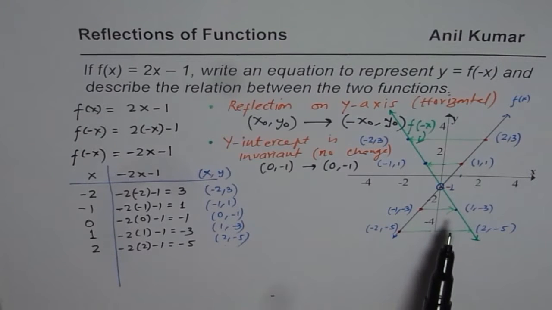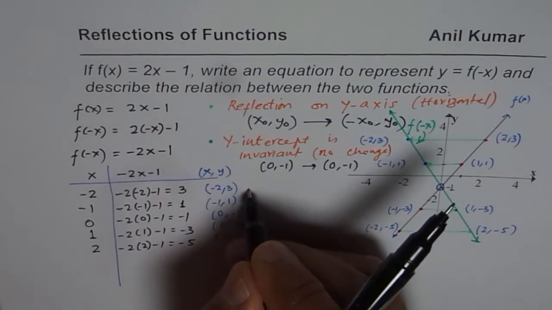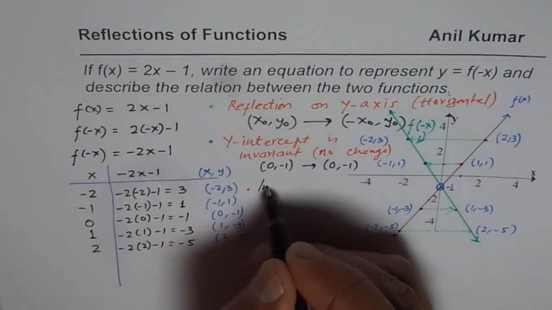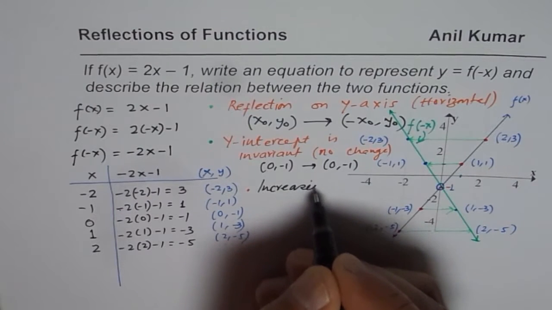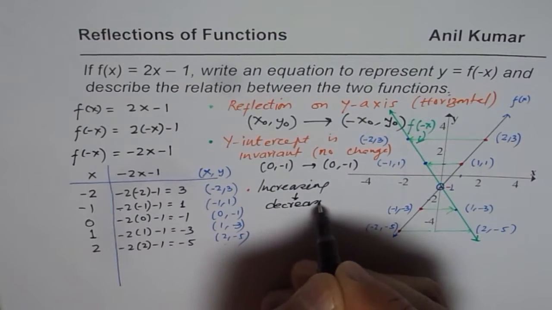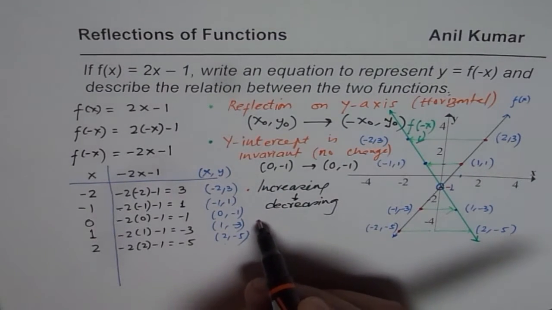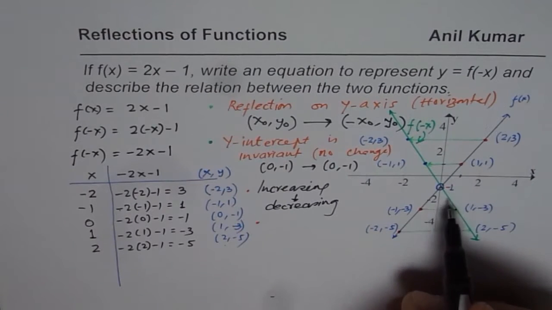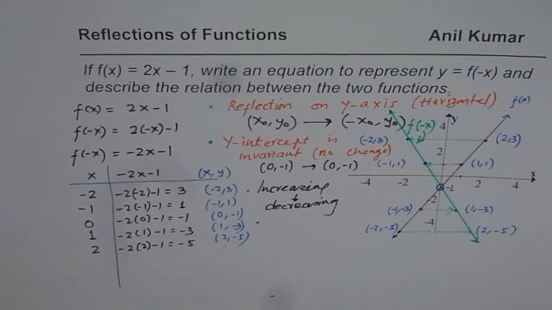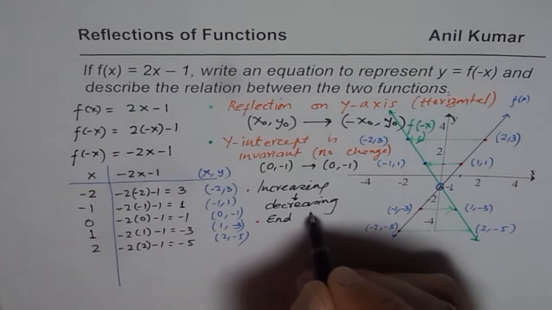Let us now look into the characteristics. What happened to the line? Earlier we had a line which was rising, correct? So we had increasing intervals. Increasing became decreasing, right? So it reverses as far as the trend is concerned. And we see that since this is a line, there is no change in domain and range, because the domain and range are both real numbers, but there is a change in end behavior.